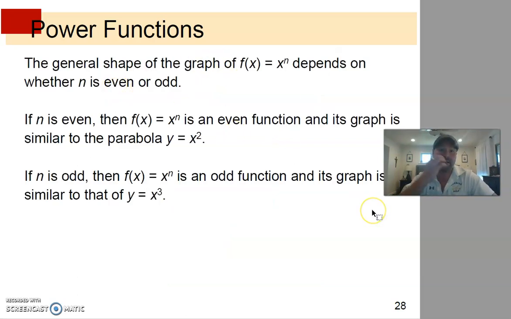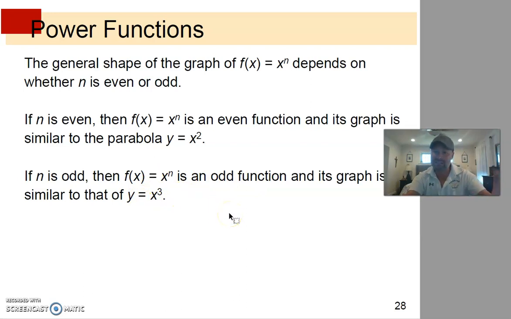The general shape of the graph f of x equals x to the n depends on whether n is even or n is odd. If n is even, then we have an even function, and the graph is similar to a parabola, right? But if it's odd, the graph is similar to y equals x cubed.